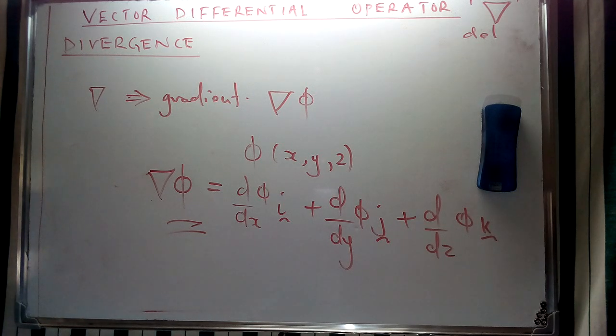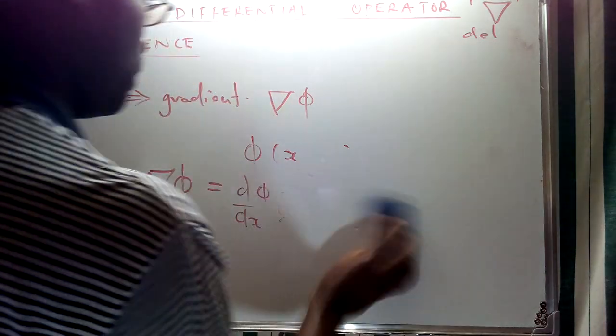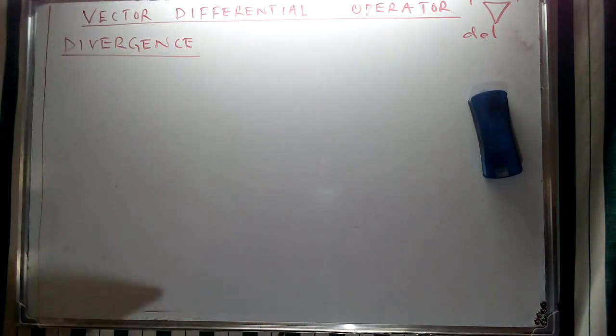One of the areas of application is that this concept of a divergence can be used to evaluate what we refer to as a volume integral, especially in electromagnetic theory. In this case, I'm just going to use an arbitrary point, like the first case that we used for the description of a gradient.